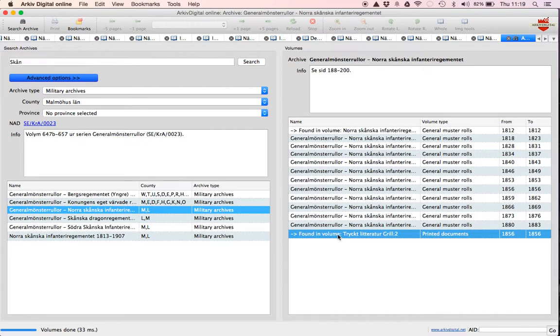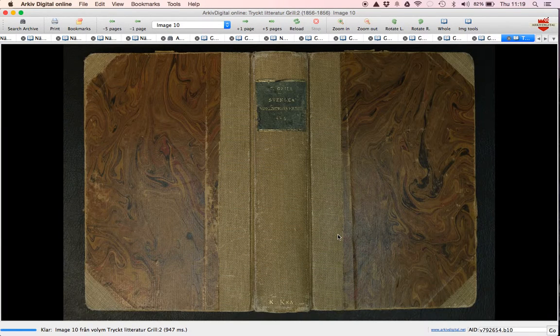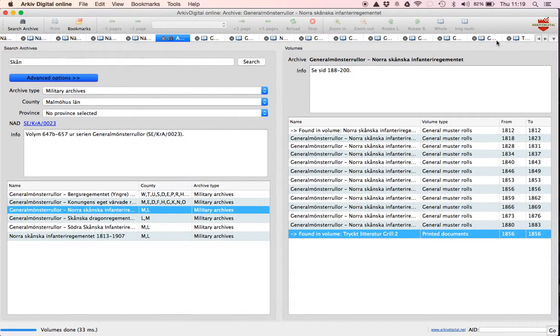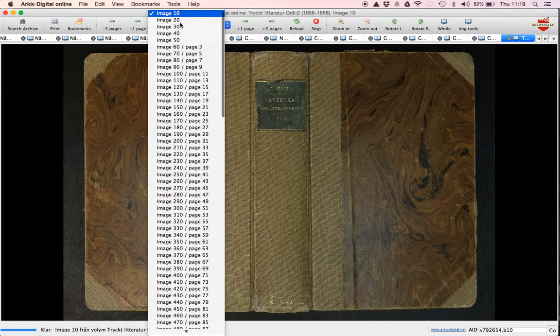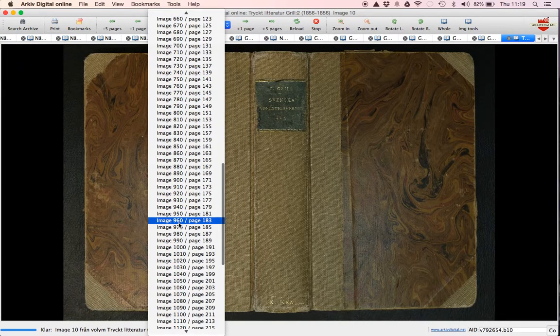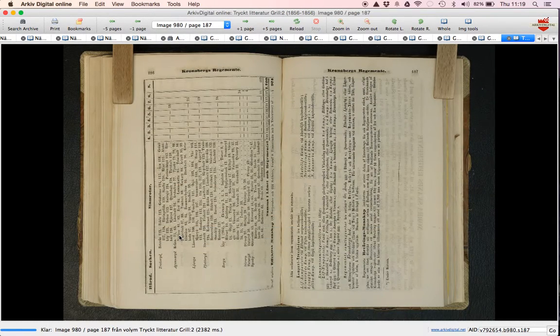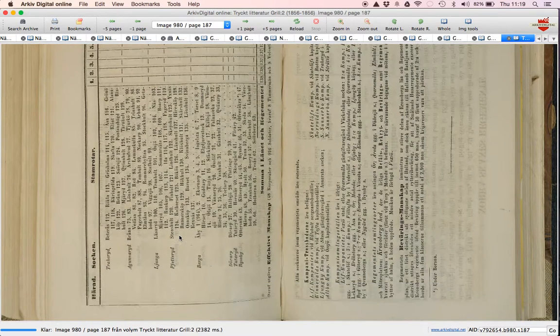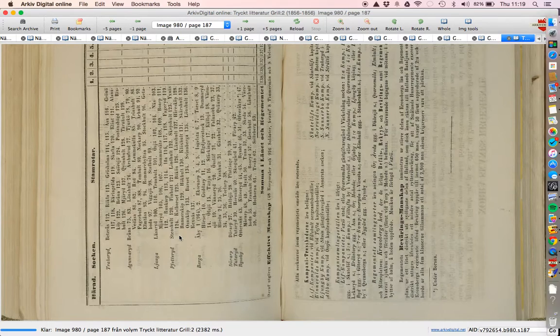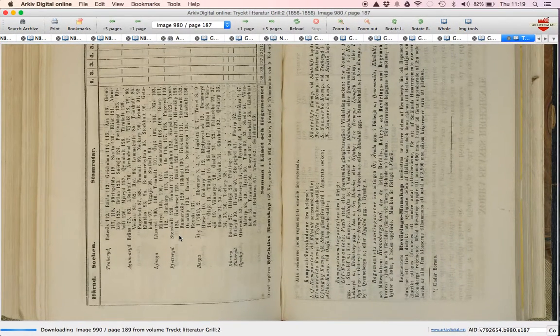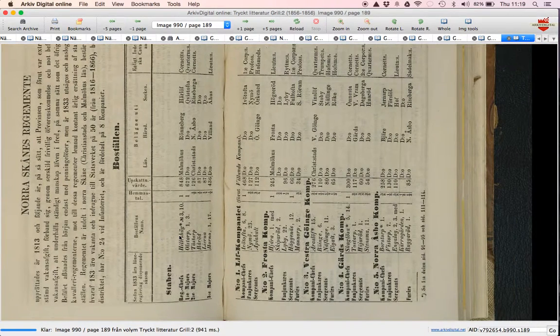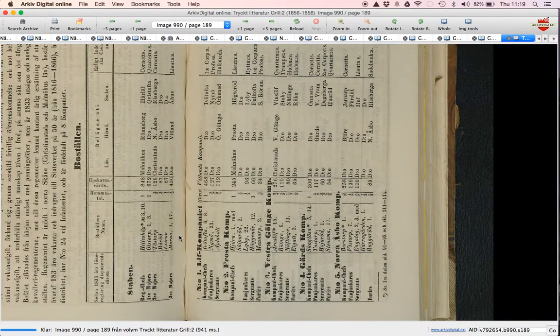Cool. So then if I click on this one, it doesn't jump to the page. 188 to 200. Here we have Norra Skåne. Can you turn it?